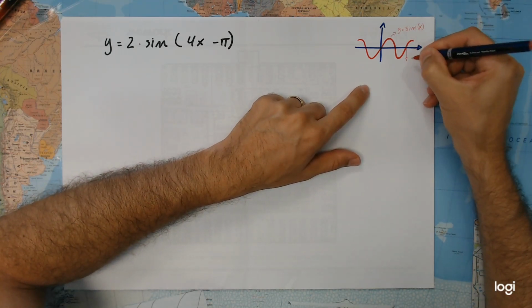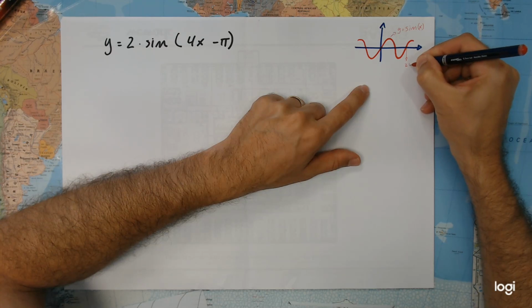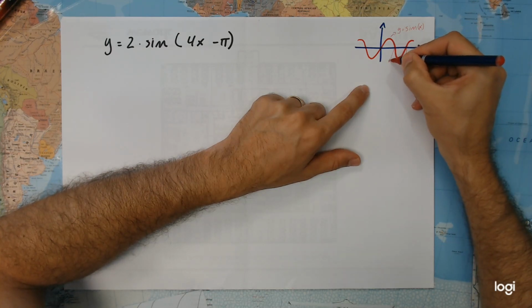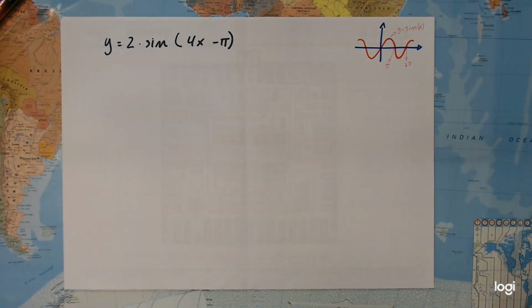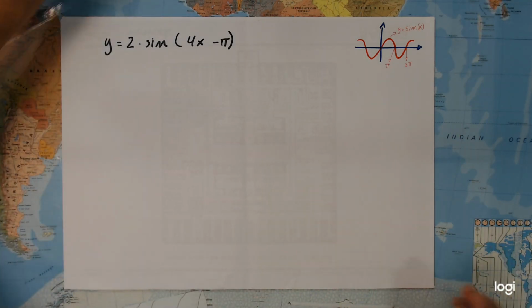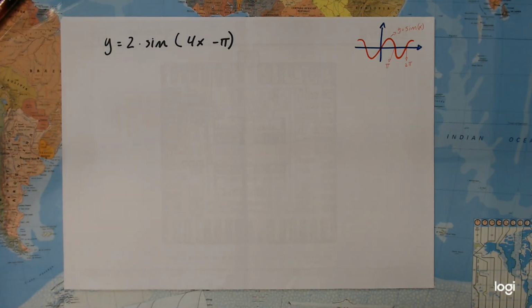The first period would be 2 pi, and here would be just pi. The first thing that we have to know is to have in mind what is the basic function.